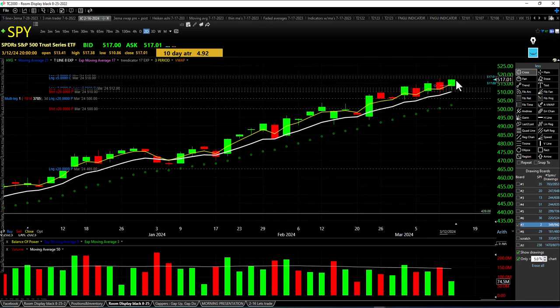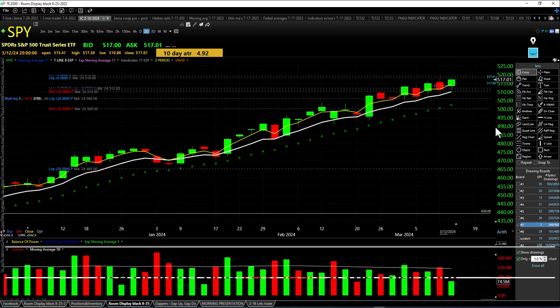That's how I determine it. I don't want to be too far away from the price action, but I don't want to be right on top of the at the money stuff. I want to be in the money by 50% of this 10-day ATR. I don't want to be way back here at 490 because that'll be too pricey.